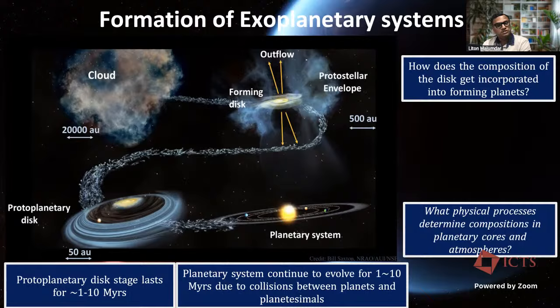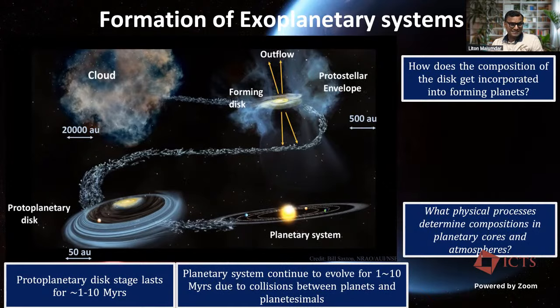And also, the composition that we see today in the atmospheres are also shaped by processes that happen in the early stages. So essentially, we can ask the question, how does the composition of the disk get incorporated into forming planets? And this is something that Bart had already covered in detail, and he showed how you can use the evolutionary models from early stages to get the understanding about how they are setting up the future atmosphere for planets.